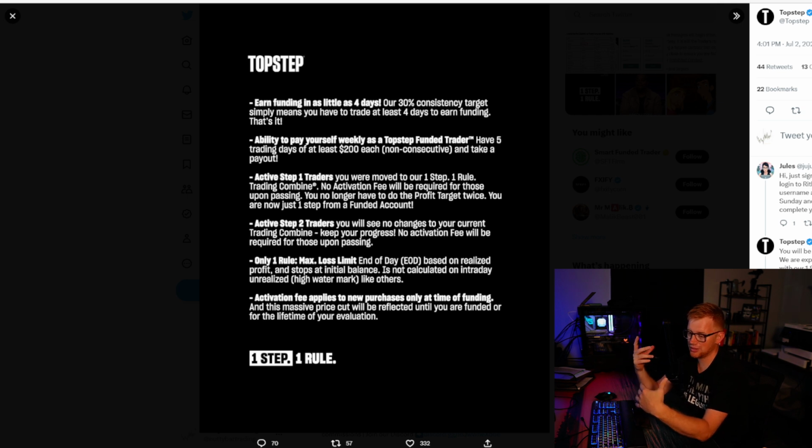But those are things that you really need to be aware of, because let's just, for example, take a different prop firm. I don't even want to compare Apex only, but let's just say a different prop firm doesn't have a consistency rule on their evaluation, and you only need to trade for 7 days. What that means is, let's say we have a really nice uptrending day. I know I personally have passed quite a few evaluations this way.